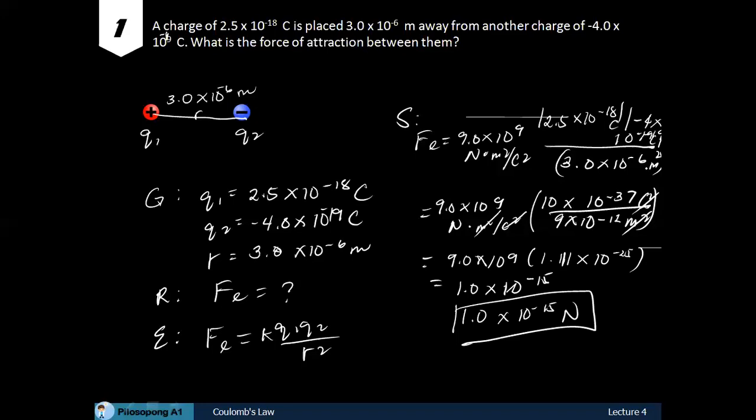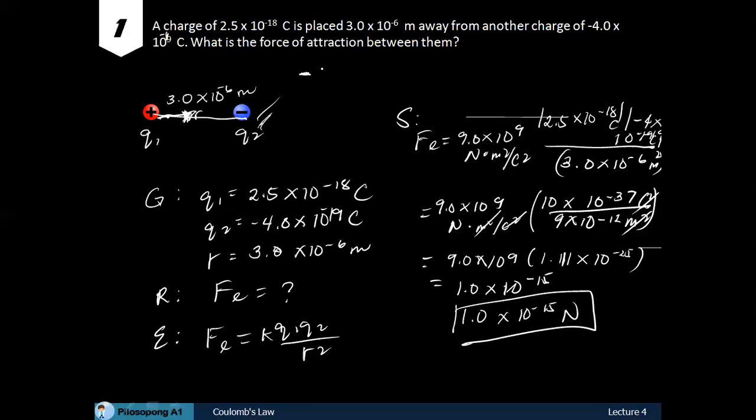So we did not get any negative value, even if there is a negative charge interacting with Q1. So how do we know if we will consider it as positive or negative in this situation? If we look at this positive charge and we say there's an attractive force, by convention, since it's an attractive force, it's a negative value of the force. And also, using our vectors, anything that is going to the right will give us a positive value.